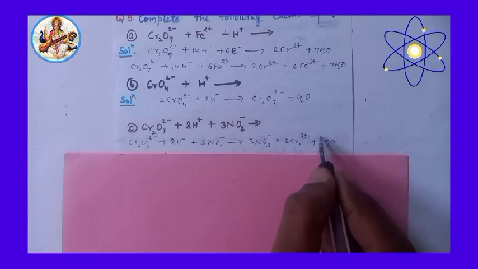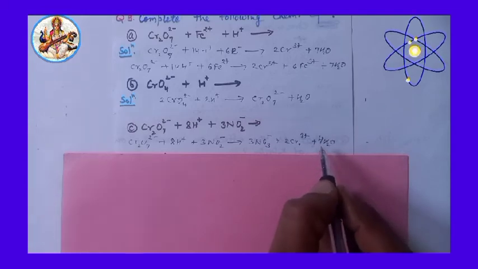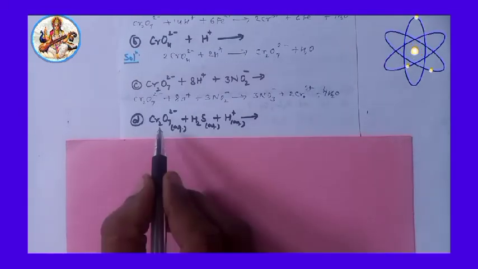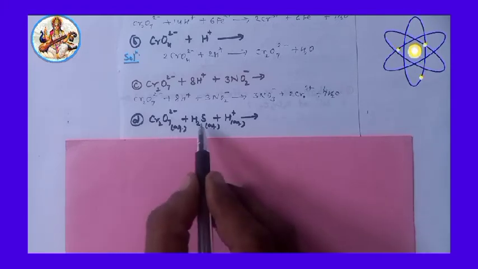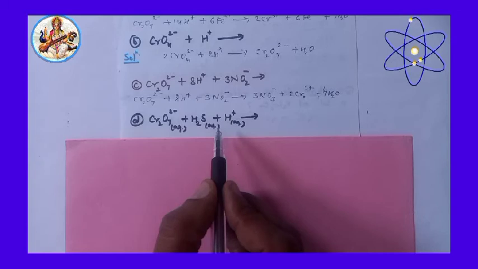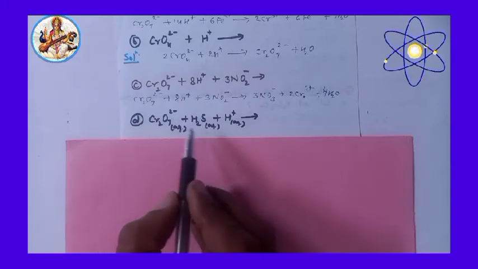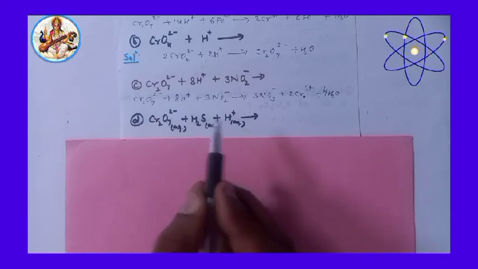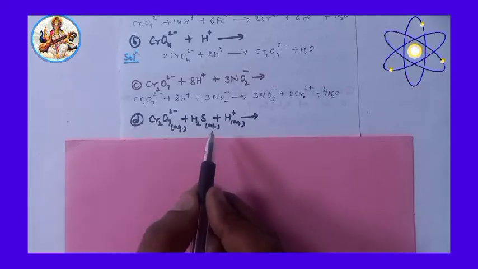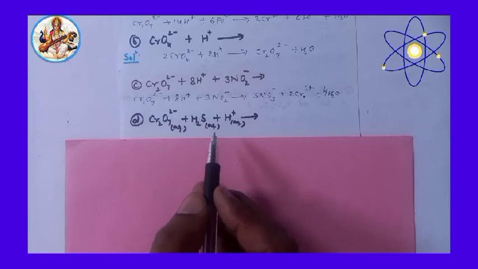Very important. Here, 4 water molecules. Next, dichromate plus H2S plus protons. So dichromate oxidizes acidified H2S into sulfur.